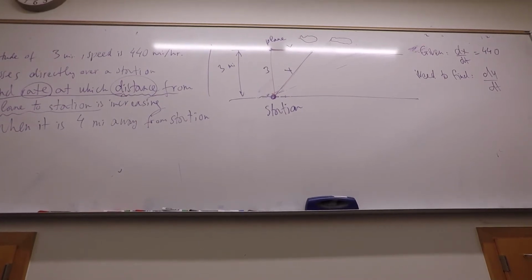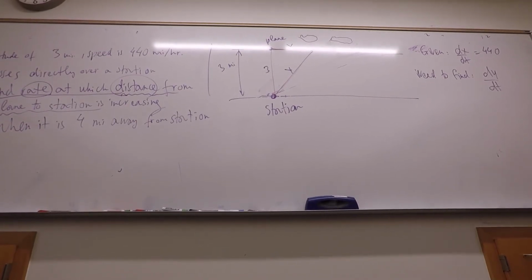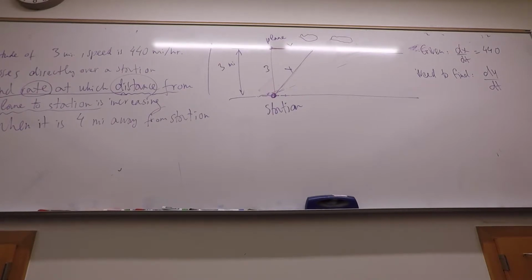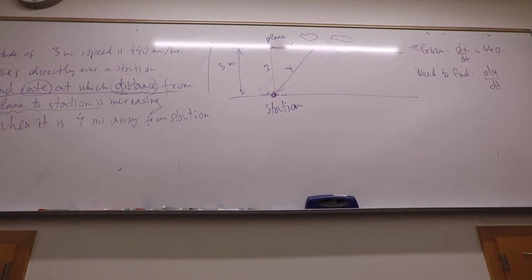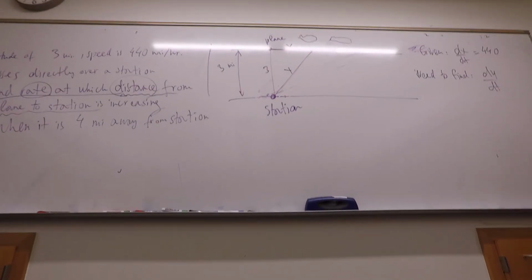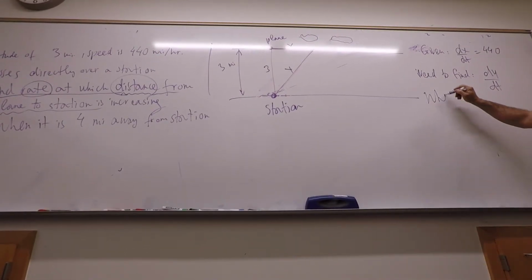We want to find the rate of change of the distance from the plane to the station, and that's the y. The rate of change of y means dy dt. Rate of change of x is dx dt. Does that make sense? But when? At a specific point. At what instance?